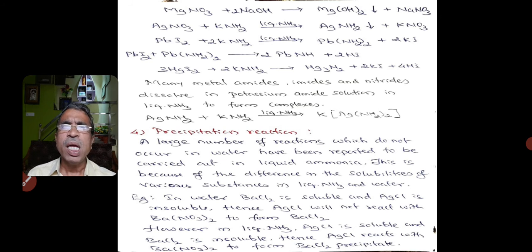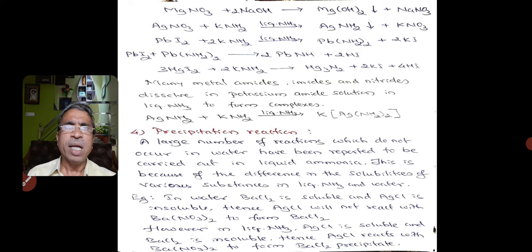Now similarly, let us take silver nitrate. When it is treated with potassium amide in liquid ammonia, we get silver amide as a precipitate and potassium nitrate.